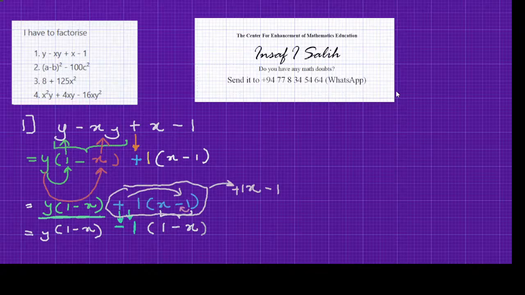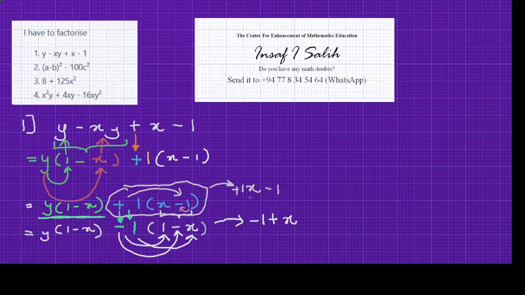Alright, let's see whether I get the same thing over here. So minus 1 into 1, that is minus 1, and minus into minus is plus, and 1 times x is 1x, or simply x. So x minus 1 and minus 1 plus x both mean the same.